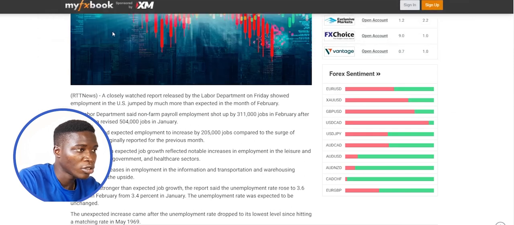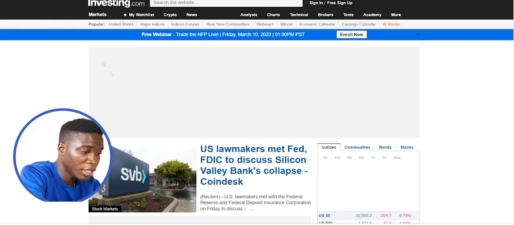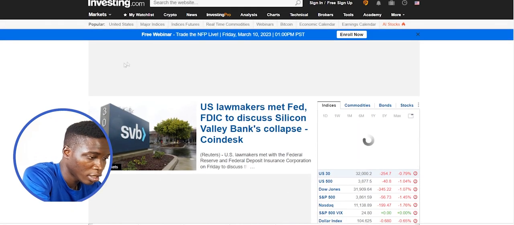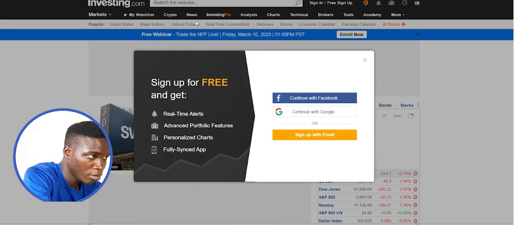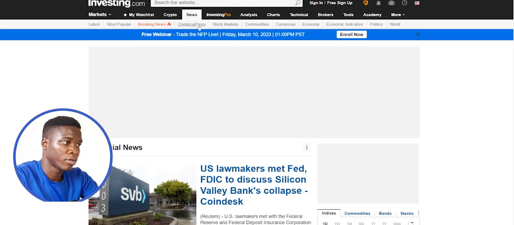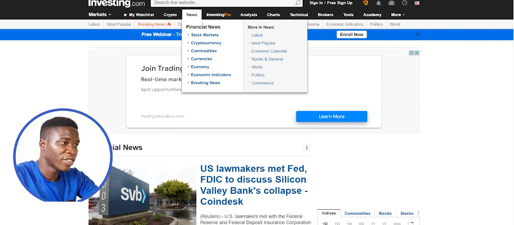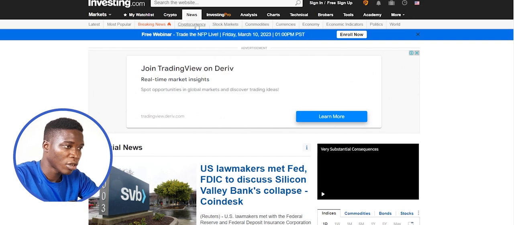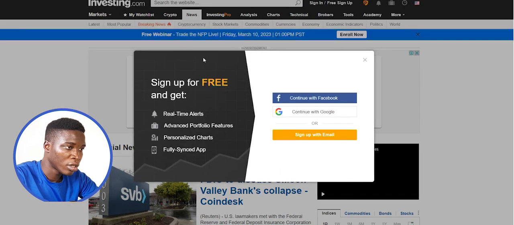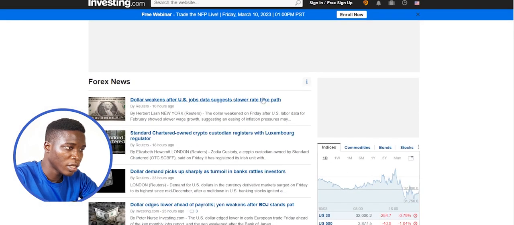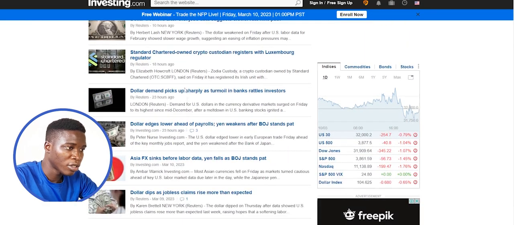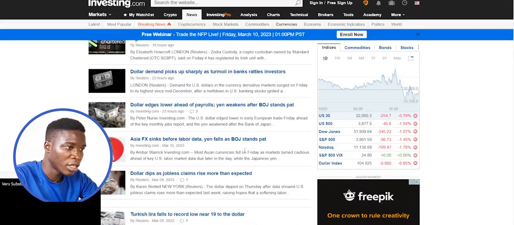So there's also investing.com. So this is investing.com. You can click on news, and then you can also click on the stock markets, cryptocurrency, commodities, currencies, economy.